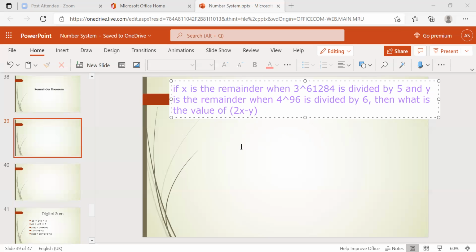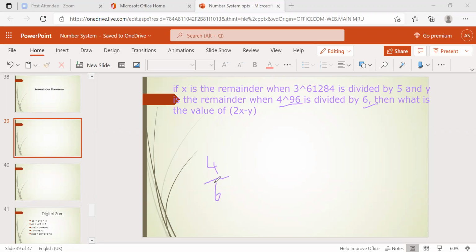Before solving this one, I want to explain one more simple concept. See, 4 power 96 is divided by 6, right? So 4 by 6, what is the remainder? It is less than the denominator, so the remainder will be 4. 4 power 2 by 6 is nothing but 16 by 6. What is the remainder? 6 2s are 12, remainder will be 4.